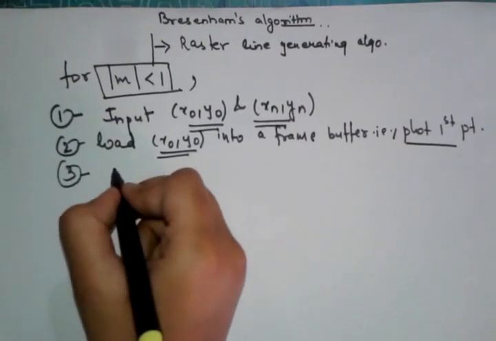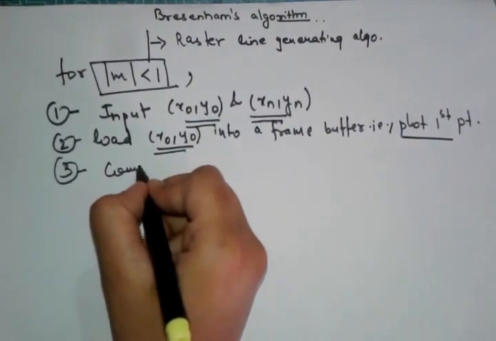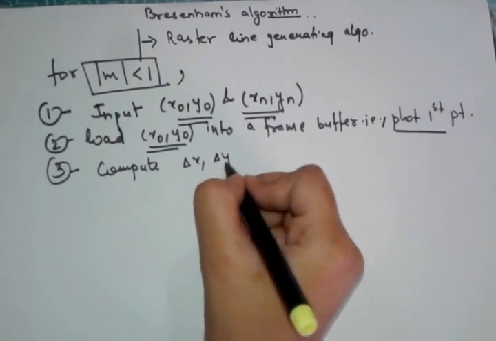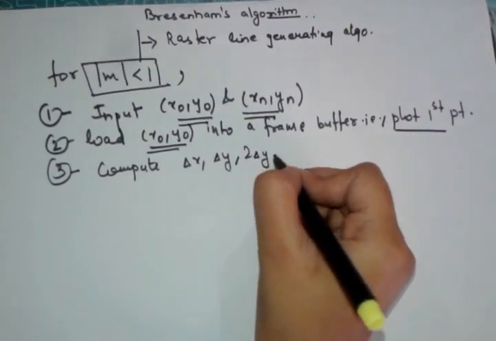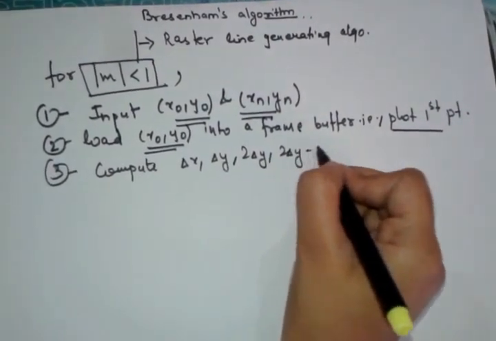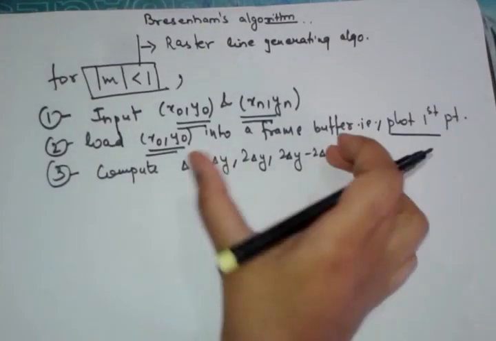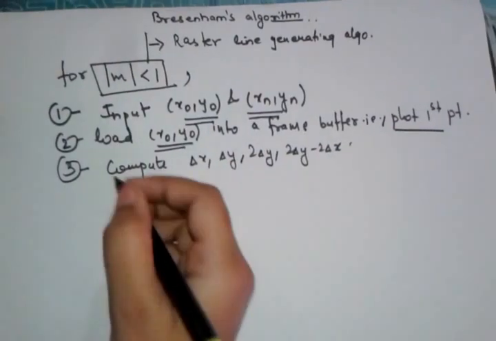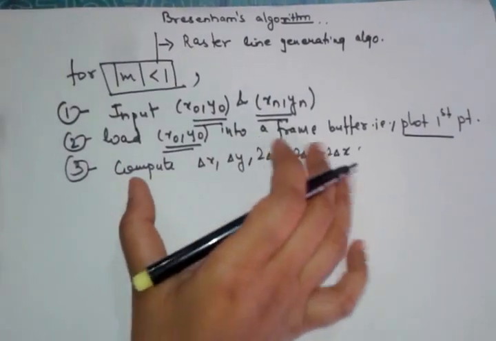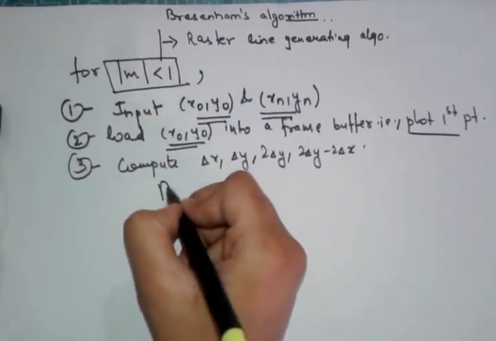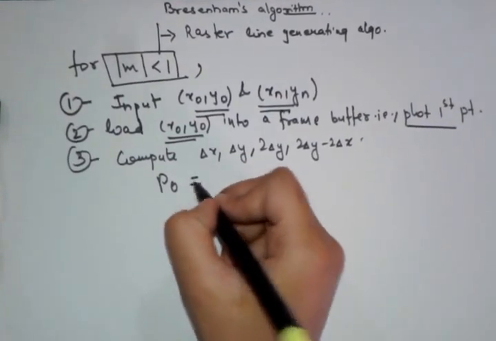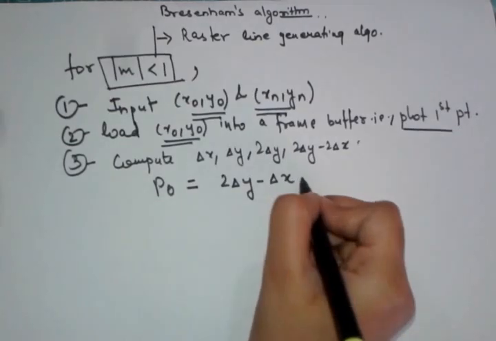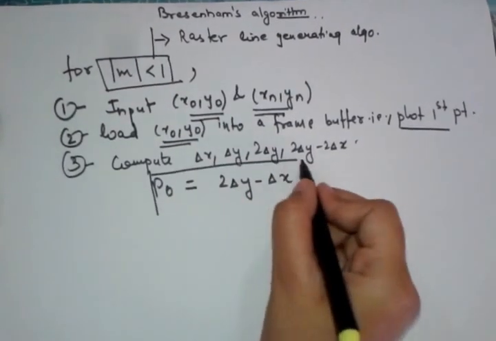The third step is we have to compute del x, del y, 2 del y, 2 del y minus 2 del x. These values are needed in the next step, so we compute them all, and also the p0 value. P0 is 2 del y minus del x.